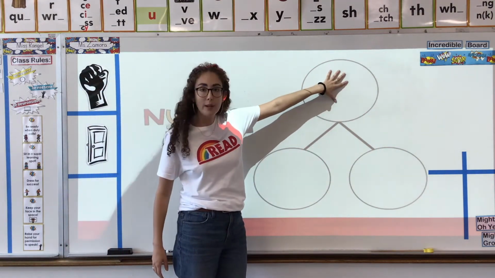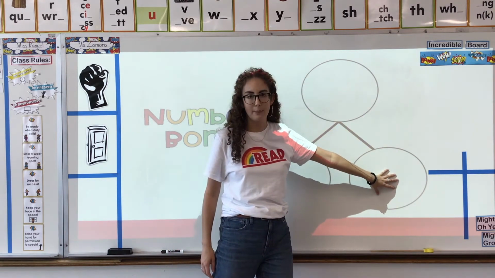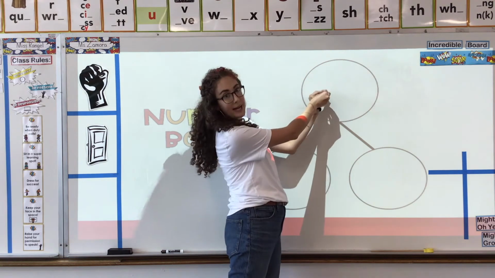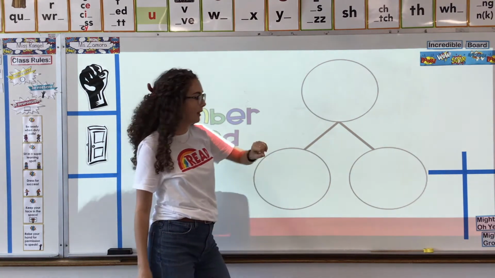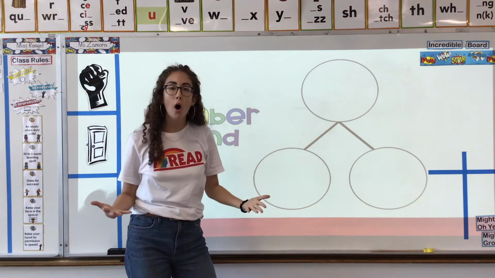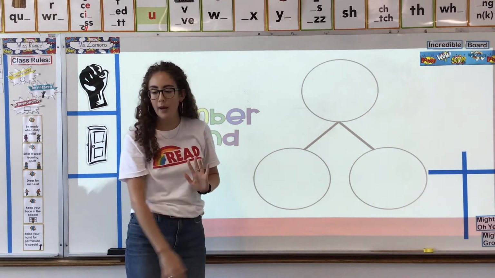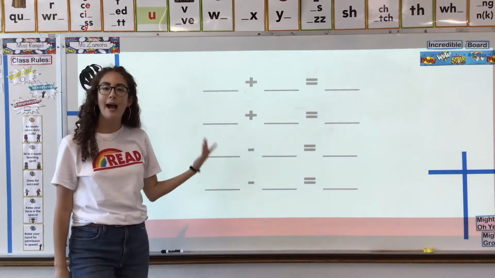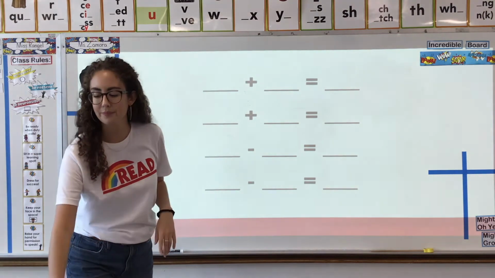We have the whole number and then 2 parts that make up that number. That when combined make the whole, or when one part is taken away, the other part is left. And all relationships that we can decipher through the number bond, we can show as a fact family. So they go hand in hand.